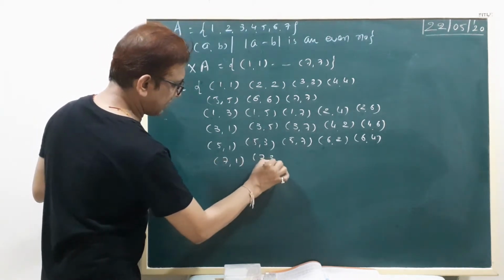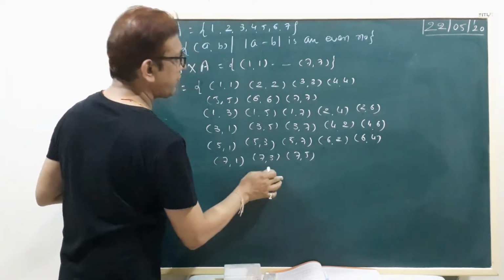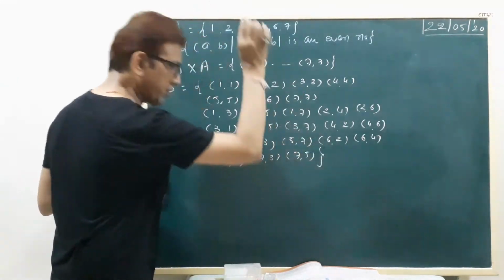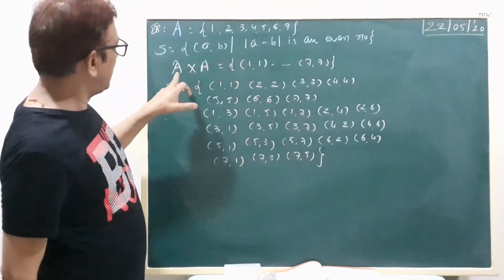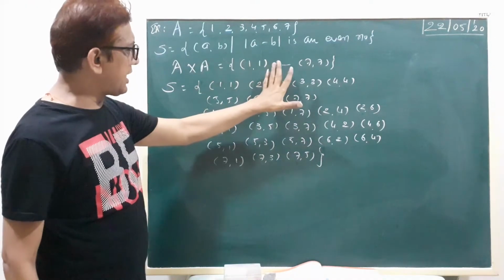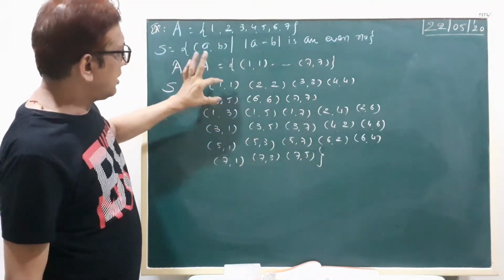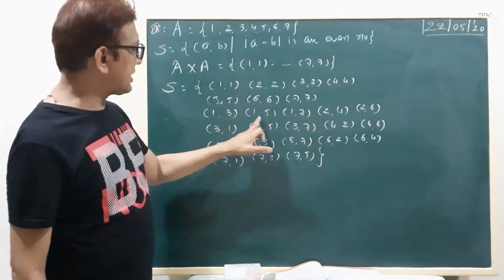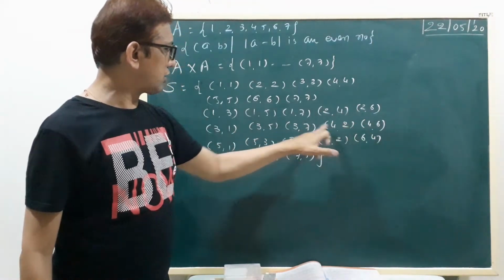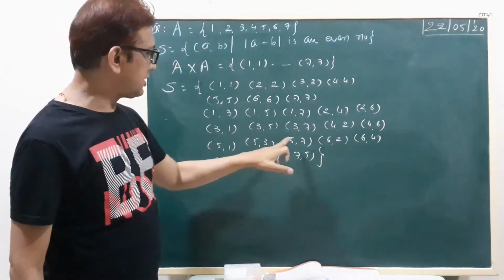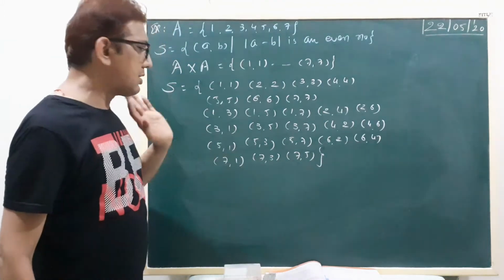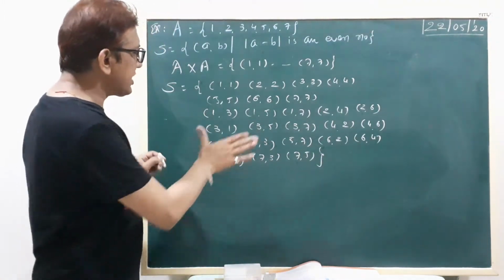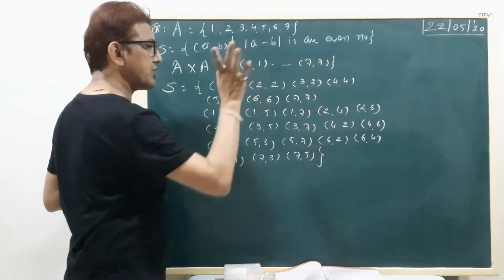Then (7,1), (7,3), (7,5) and (7,7). So out of the 49 brackets in the universal set, a total of 25 brackets satisfy this condition.